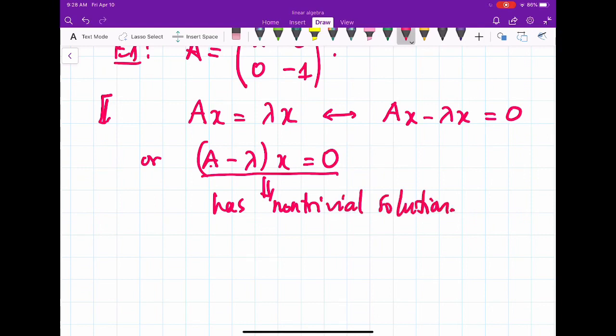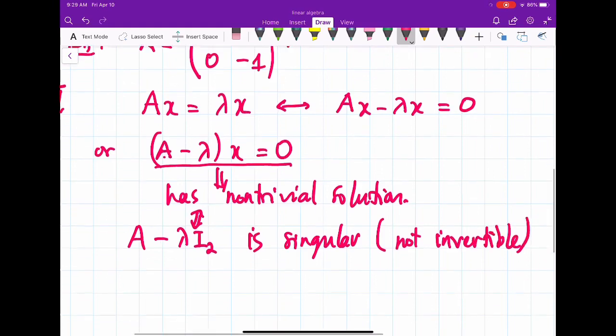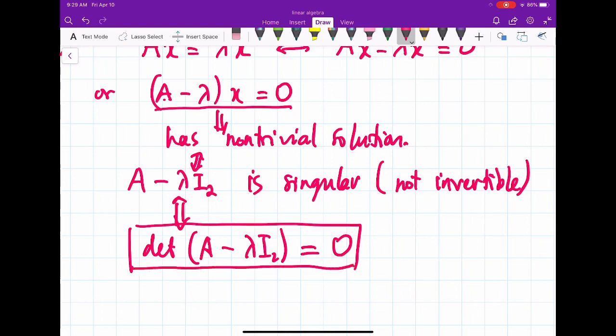That means the matrix A minus lambda I, in this case a 2 by 2, is singular. That means not invertible, right? So this matrix is not invertible, which is equivalent to the determinant of this matrix being 0. And we use this equation to find lambda. Make sense? Let's do that.